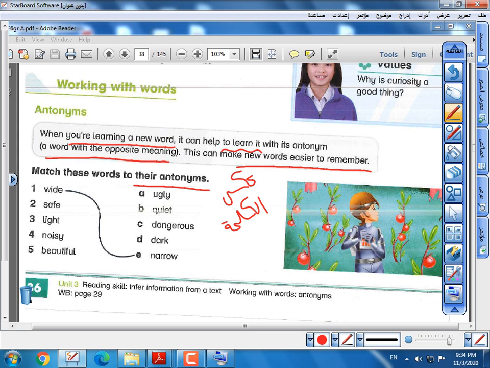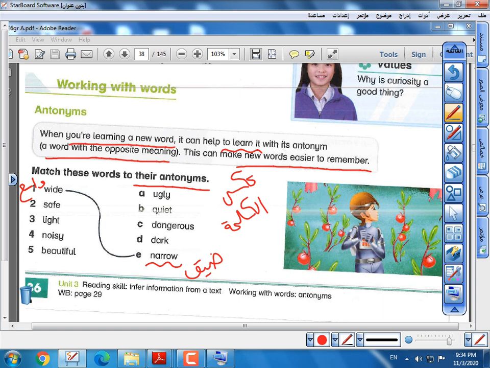This is what is called antonyms again. See the first one is already answered and it's wide. wide معناها واسع. Okay, and it's already answered as you see. And the antonym for this word wide اللي هي معناها واسع is narrow اللي معناها ضيق.